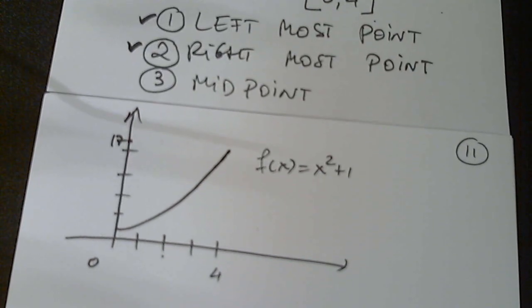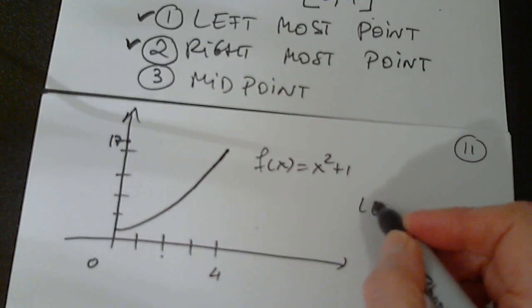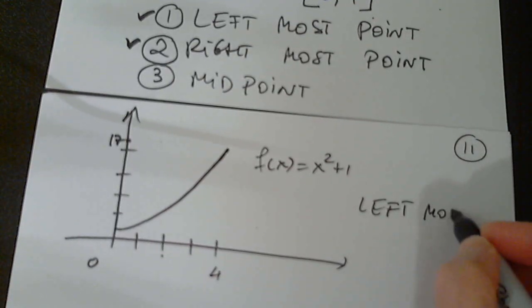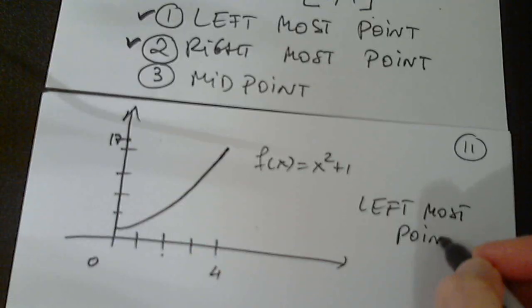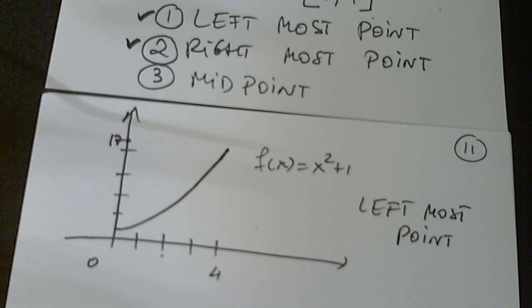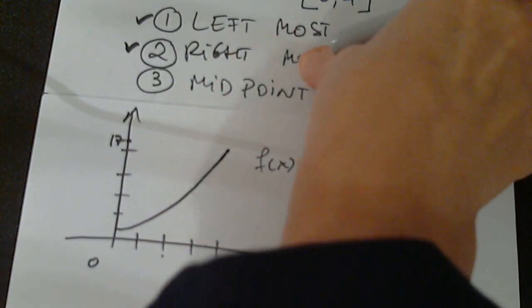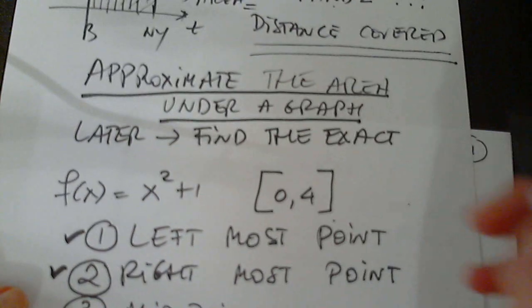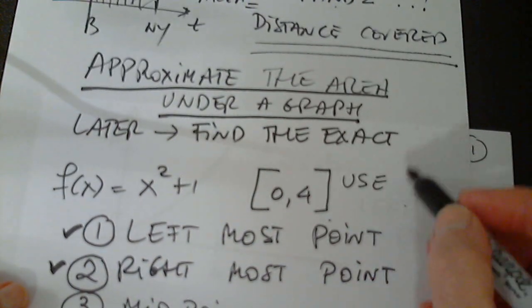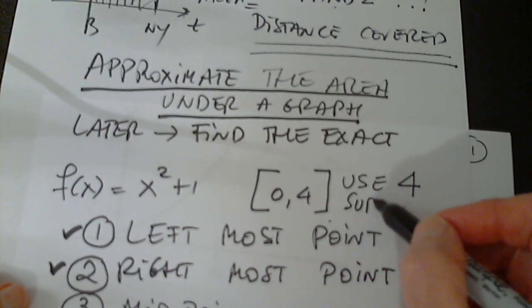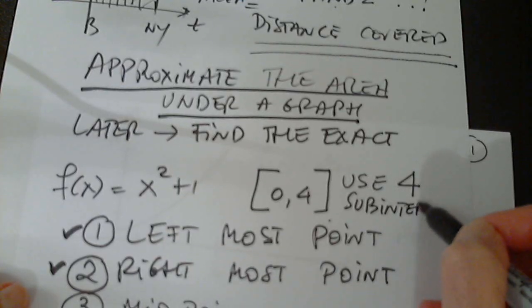And we're asked to approximate. This time I'm going to use the leftmost point. I'm also told from the very beginning to use 4 subintervals.